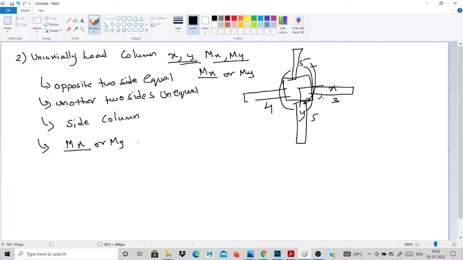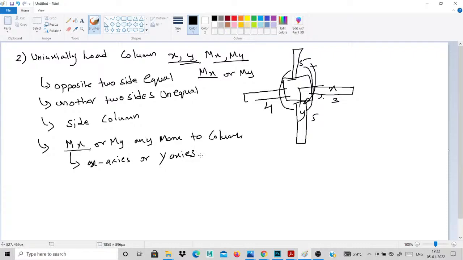Mx or My, any one moment will be transferred to the column. That is the uniaxial loaded column: only one axis, x axis or y axis.